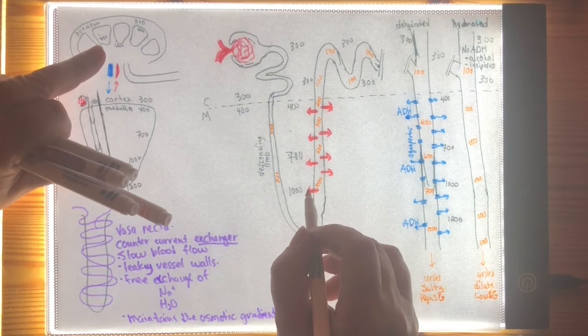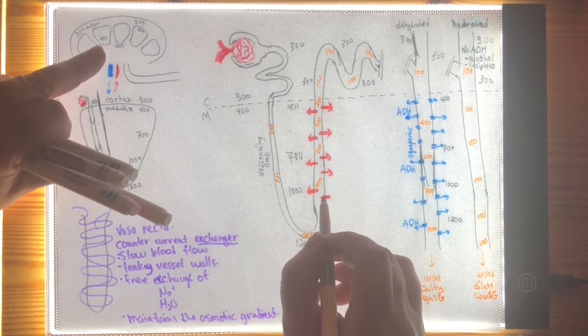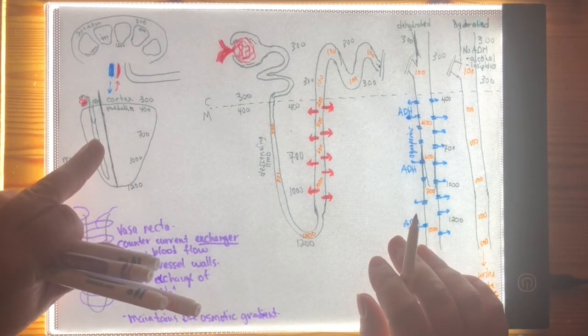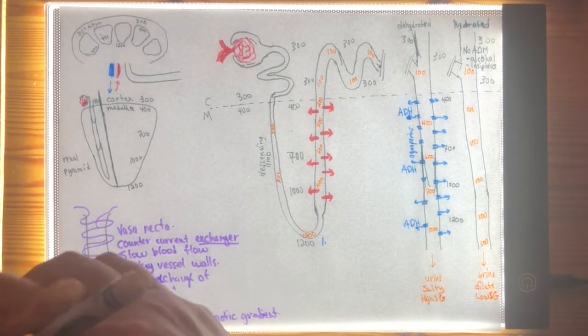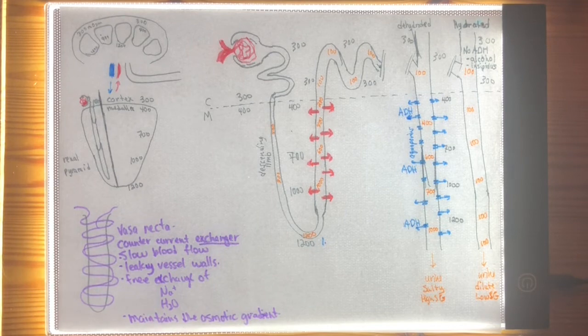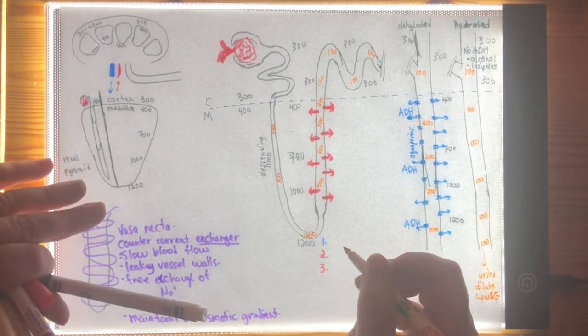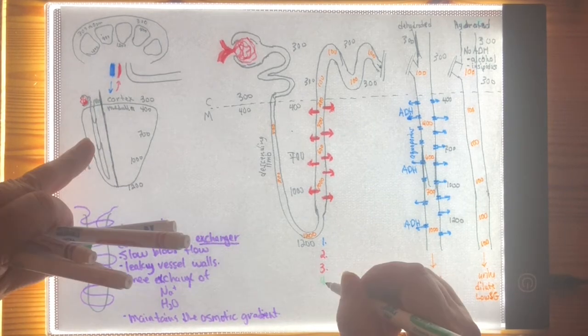I like to establish this right away because this is actually pretty much what causes that saltiness in the deep medulla. That pumping out of the sodium ions out of a filtrate that down at the very lowest part of the nephron loop was very salty at 1200. You'll notice that the number drops precipitously.